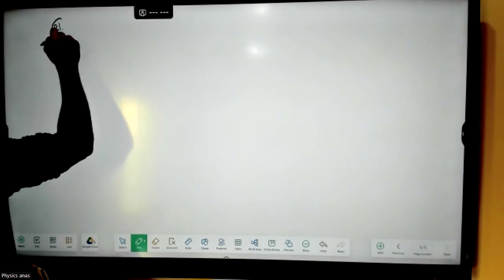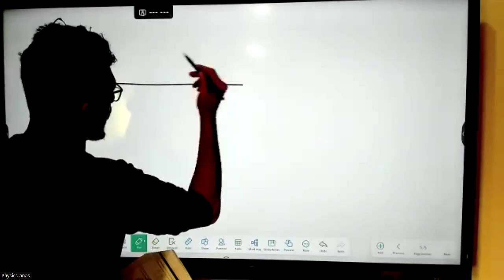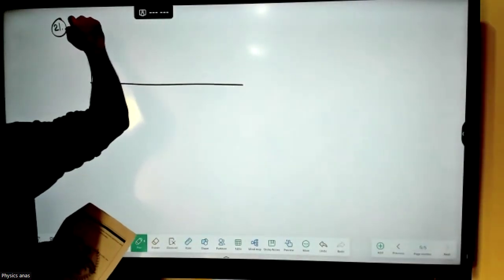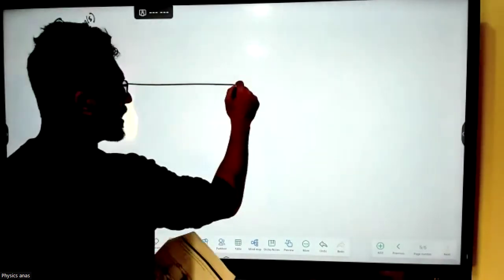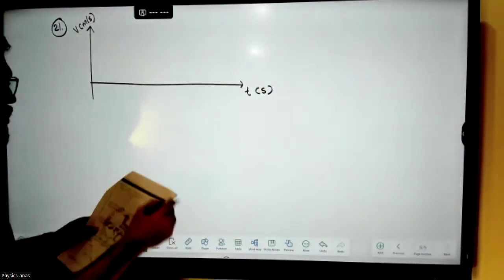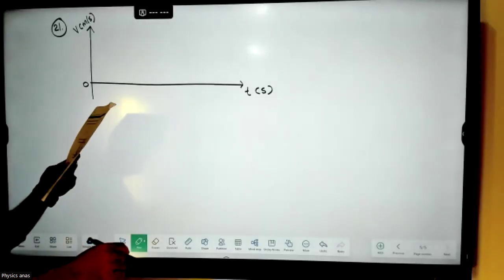I will read now the graph here. This is our graph in the question. That's a velocity time graph. So velocity is represented on the y-axis and time is represented on the x-axis. You are starting from 0, 0.